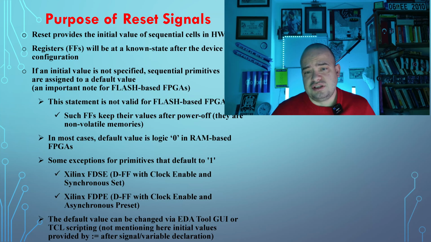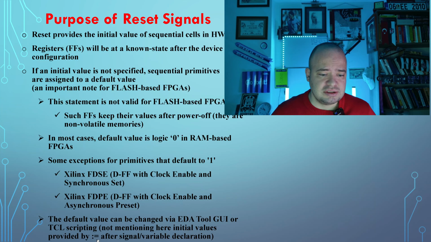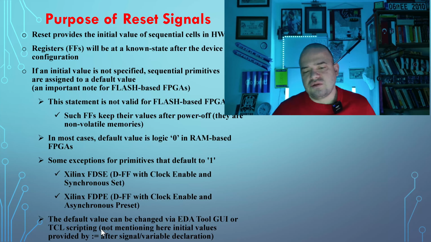So for the initial values, setting a signal or variable initial value using that colon equals operator you see at the bottom sets those values only once, of course.